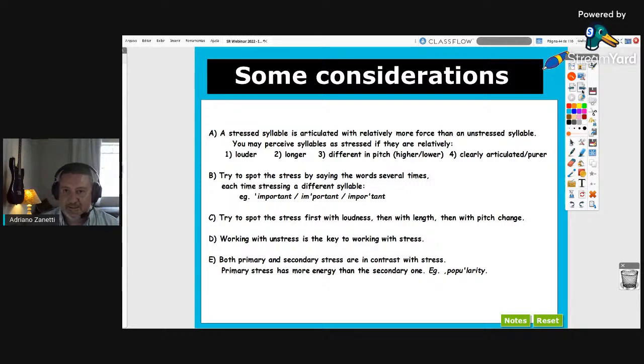So again, like polícia, we say polícia in Portuguese, and we say police in English, and we should say police with the stress on the first syllable. So the stress is more or less the same, but we tend to say it in a different way.